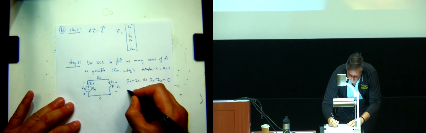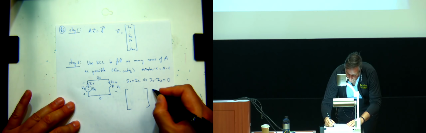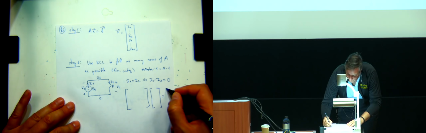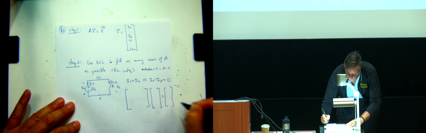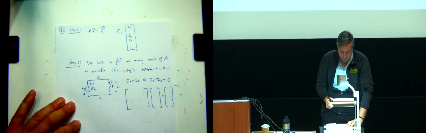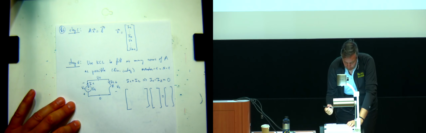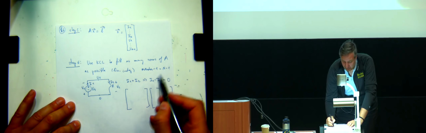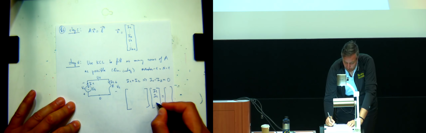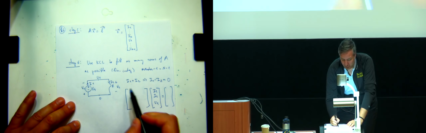And so I can now form the matrix. I read these coefficients. So this is I1, I2, and then I have U1 here. So what should the row look like?